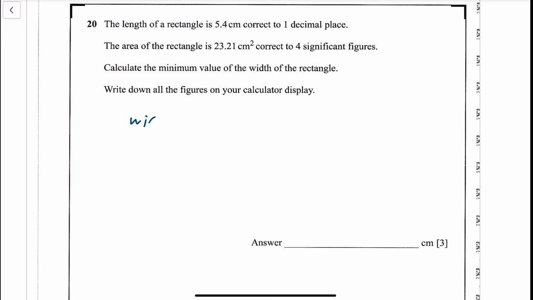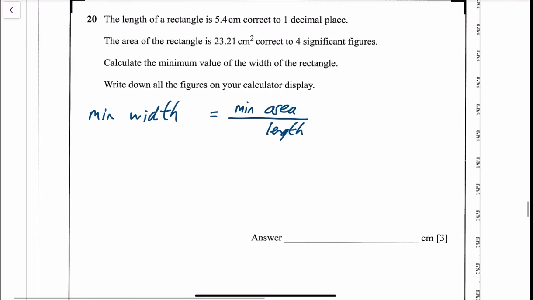Right, before I put in min or max, width would be equal to your area divided by the length. So if you want to find the minimum of a fraction, you put the minimum on the top and the maximum on the bottom. So we just have to do that.